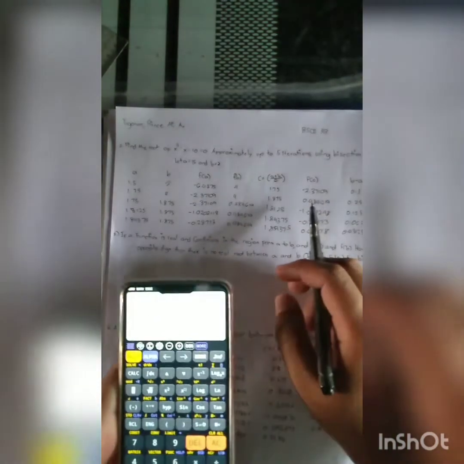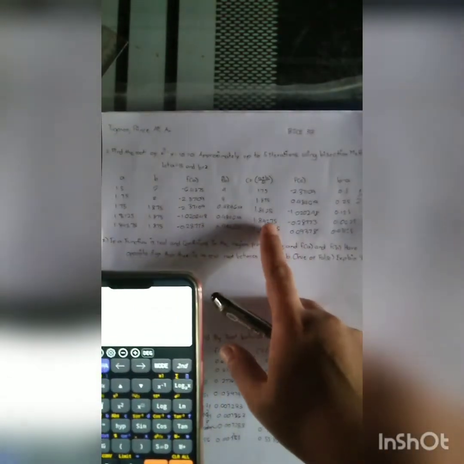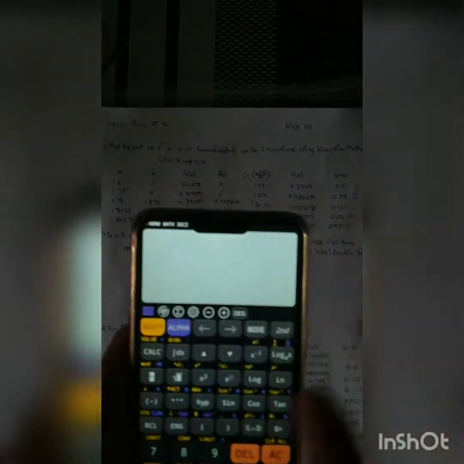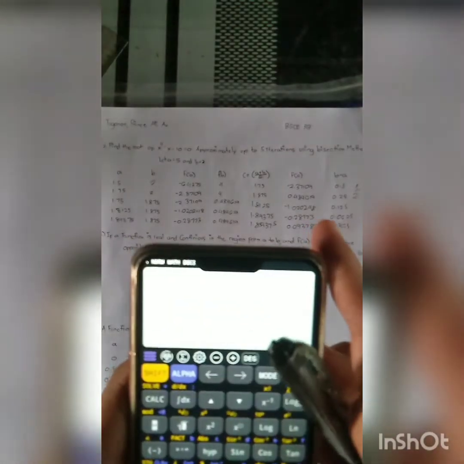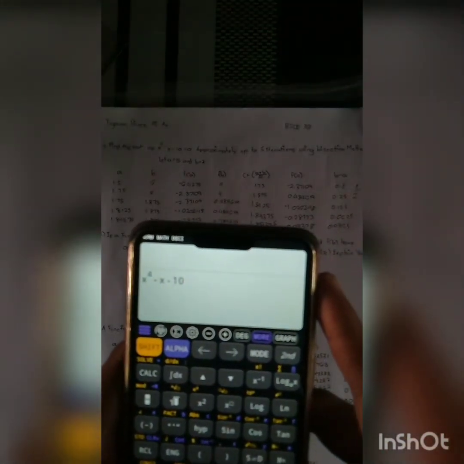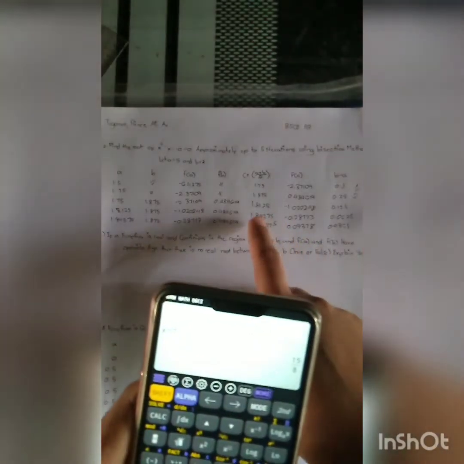Now, we're gonna find the function of c. So we're gonna substitute x raised to 4 minus x minus 10. Calc the value of c, which is 1.8125.